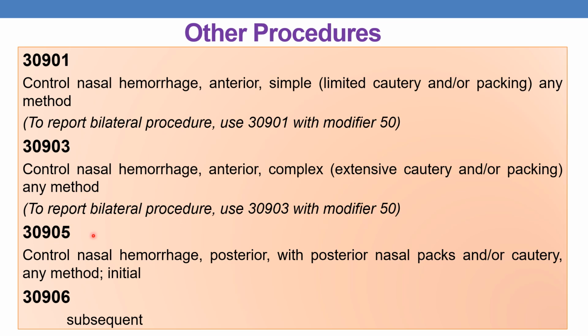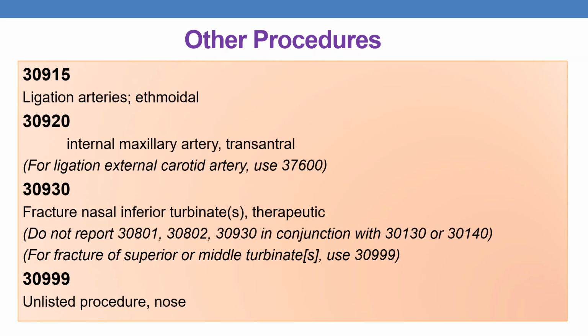Next one is 30905, control nasal hemorrhage posterior with posterior nasal packs and or cautery, any method, initial. Next is 30906, control nasal hemorrhage posterior with posterior nasal packs and or cautery, any method, subsequent. The next is 30915, ligation arteries ethmoid. The next is 30920, ligation arteries internal maxillary artery and transantral.